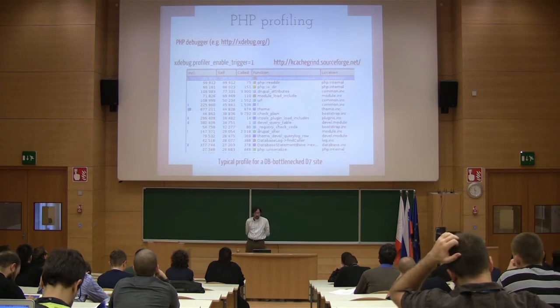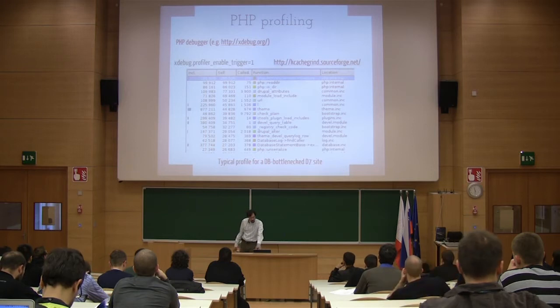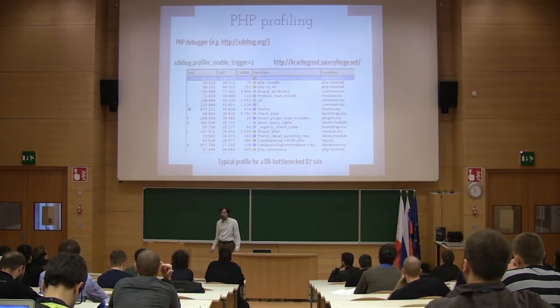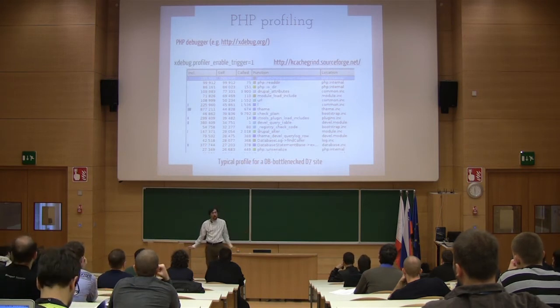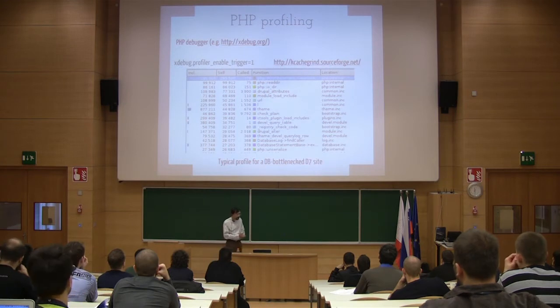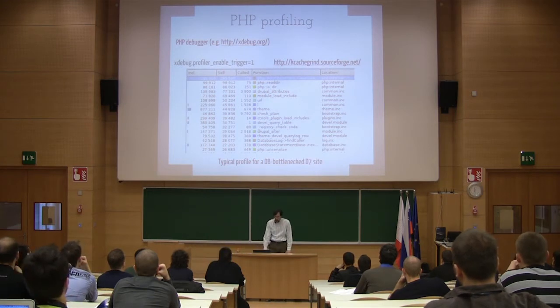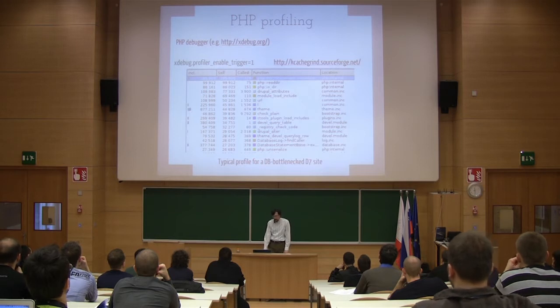So as you see, I recommend a tool, this Cache Grind. It's handy to analyze the output of the Xdebug profiles. And you can see the name of the functions, how many times they're called, and things like that. And it's very useful for me.